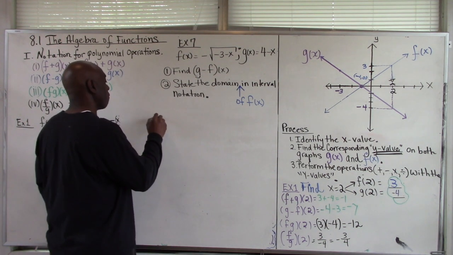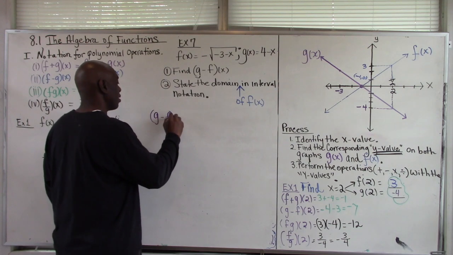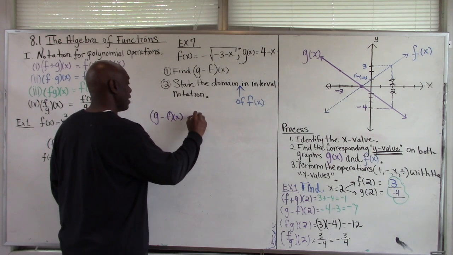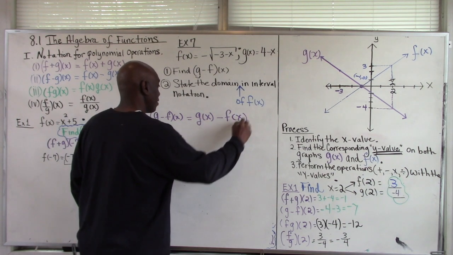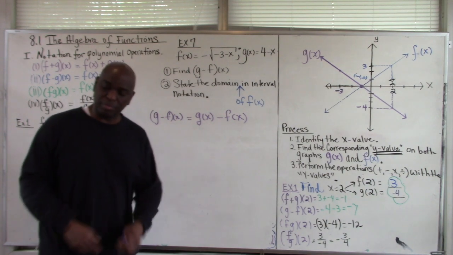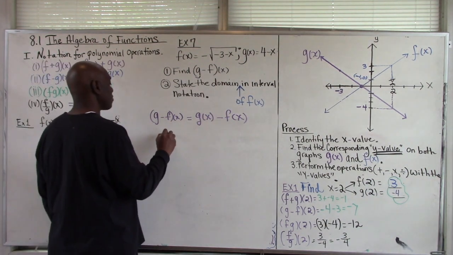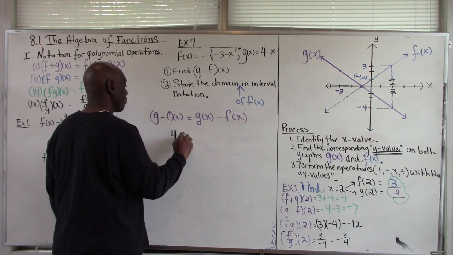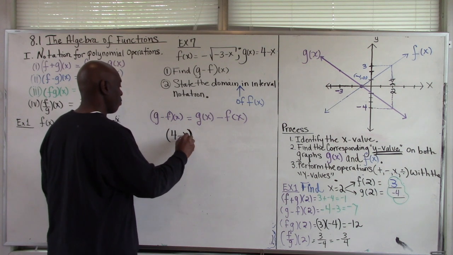All right, so here we go. So g minus f of x is the same thing as g of x minus f of x. That's first. So write g of x first. G of x is 4 minus x.